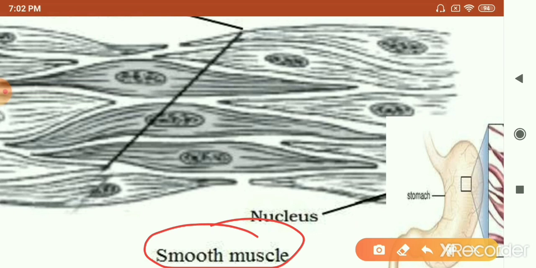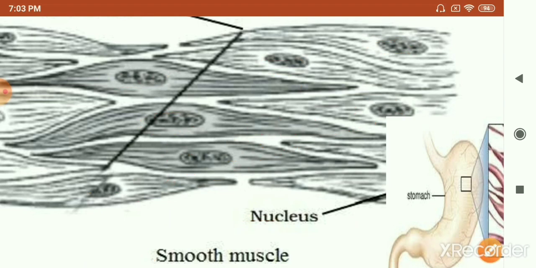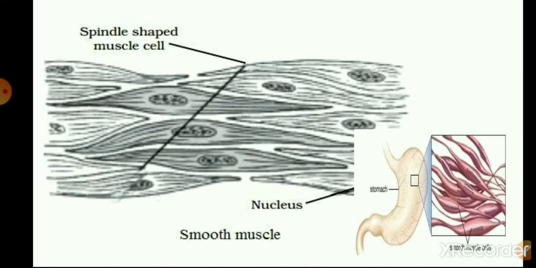Then the muscle cell is uninucleate. In the center you find a single nucleus present in the muscle fiber. So the cells are uninucleate. Just now I told you that striated muscles are multinucleate, but these are uninucleate. Single nucleus. So these are the features of smooth muscles, right?